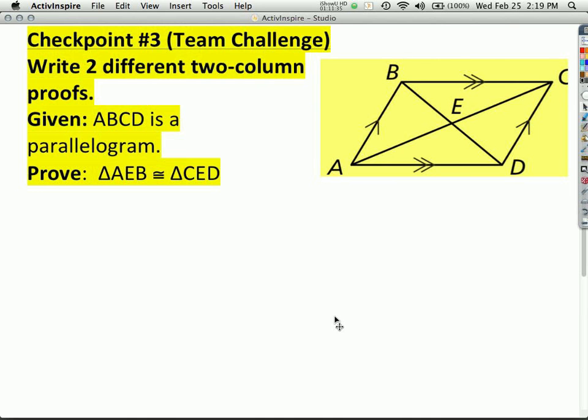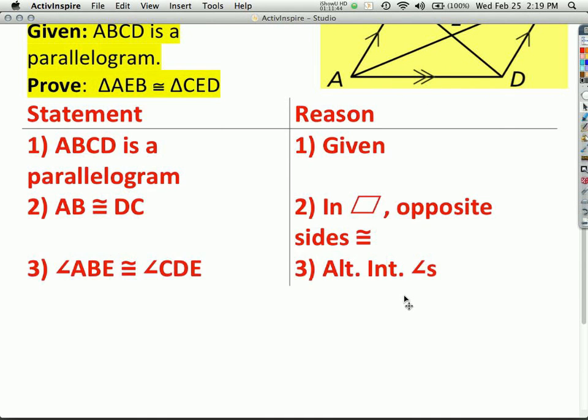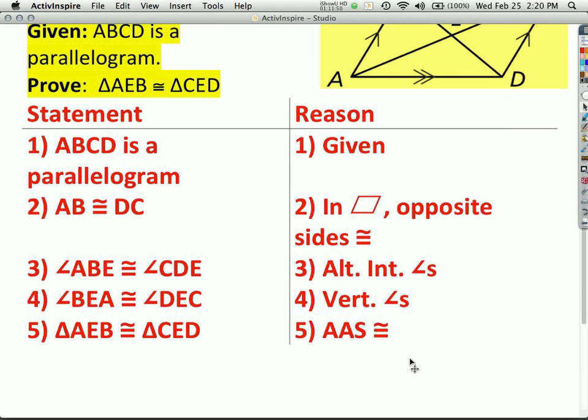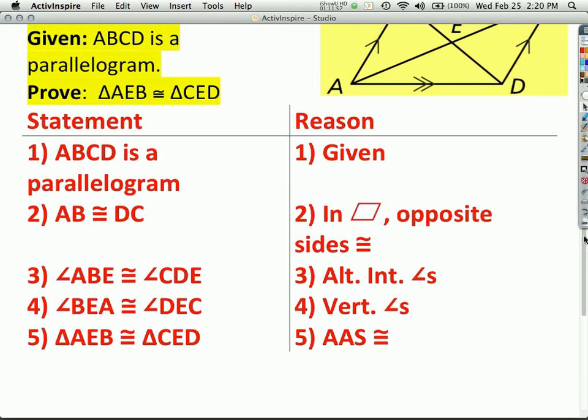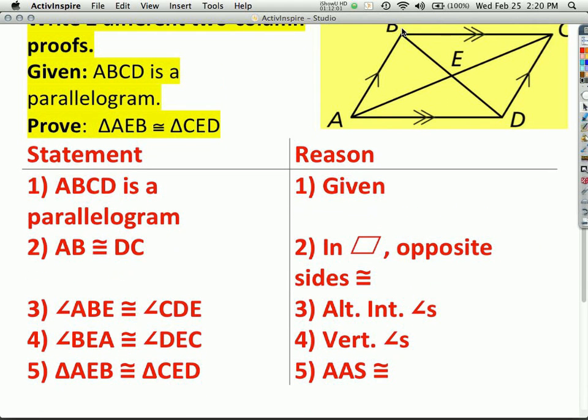Okay? So, let me reveal my proof that I did. I only did one, but I knew there was a bunch of different ways to do it. So I started out by using the fact that it was a parallelogram. And I used angle, angle, side. So I first established that AB was congruent to DC because opposite sides of a parallelogram are congruent.